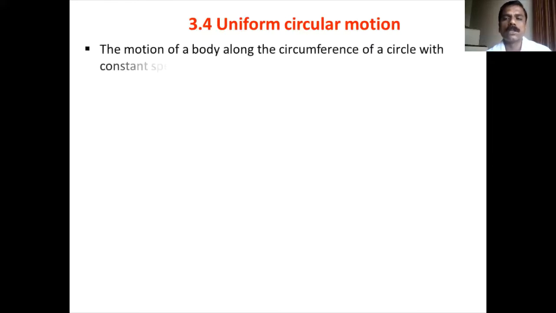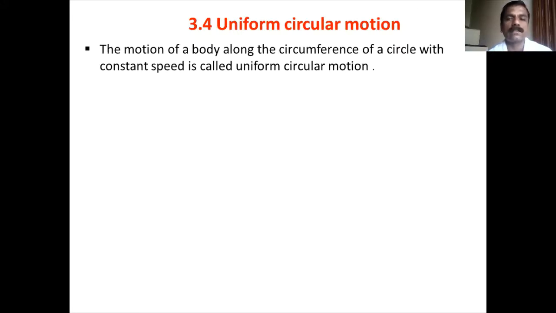We know the circular motion, that is the body is moving along the circumference of the circle. So uniform circular motion is the special case of the circular motion, that is the motion of the body along the circumference of a circle with constant speed.